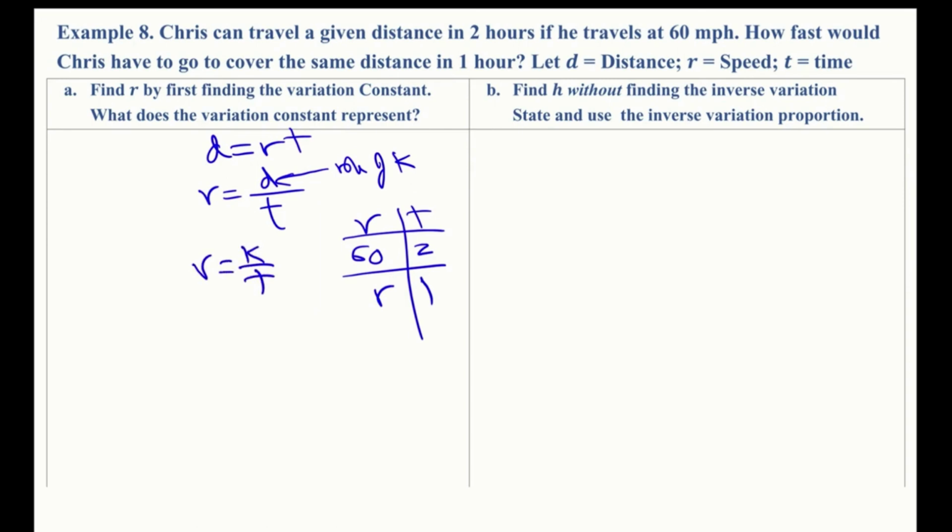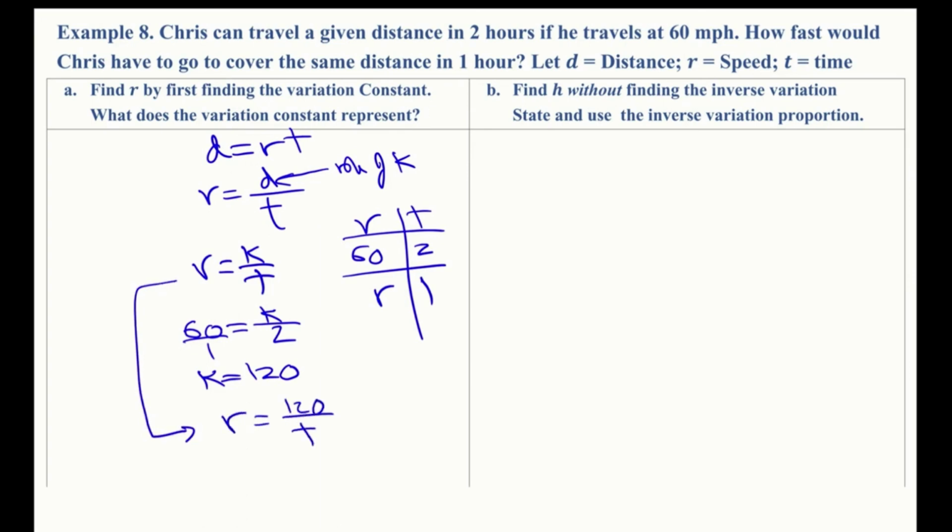So we have 60 equals K over 2. So if we cross multiply, we get K equals 120. So now we want to rewrite this equation as R equals 120 over T.